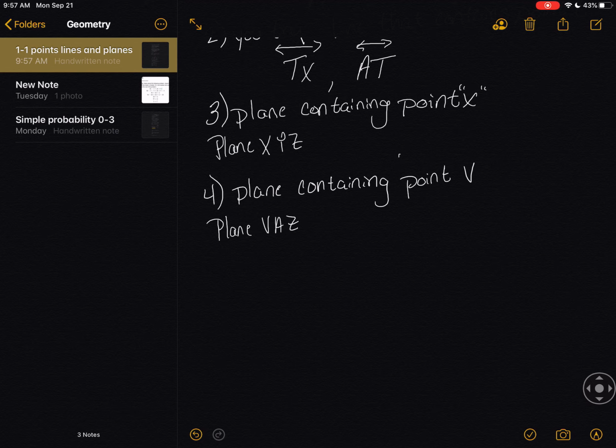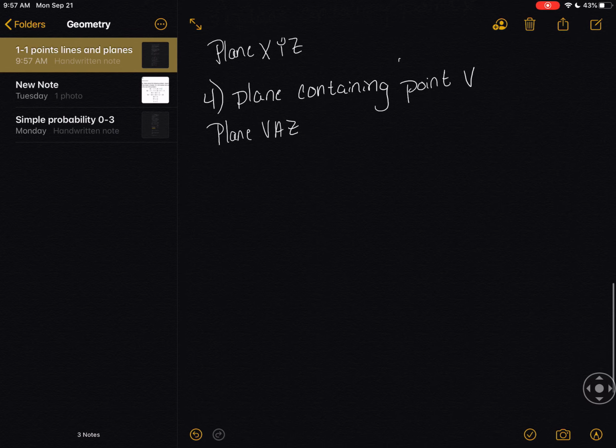Alrighty, so the next things that we're going to talk about, I'm going to start with some more vocabulary because there's a lot, is intersection.